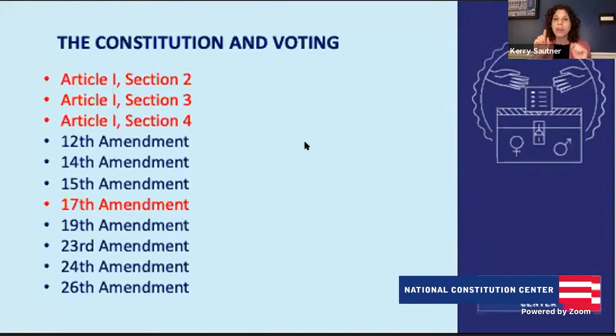Time, place, manner of who gets to vote, when can they vote, and how can they vote was left up to the states. So that gets into some of the other conversations when we look at who gets to vote and who's added in through amendments into making sure that they have the right to vote. Time, place, manner plays a part in that conversation. So it's connected to the original Constitution and the amendments as well.